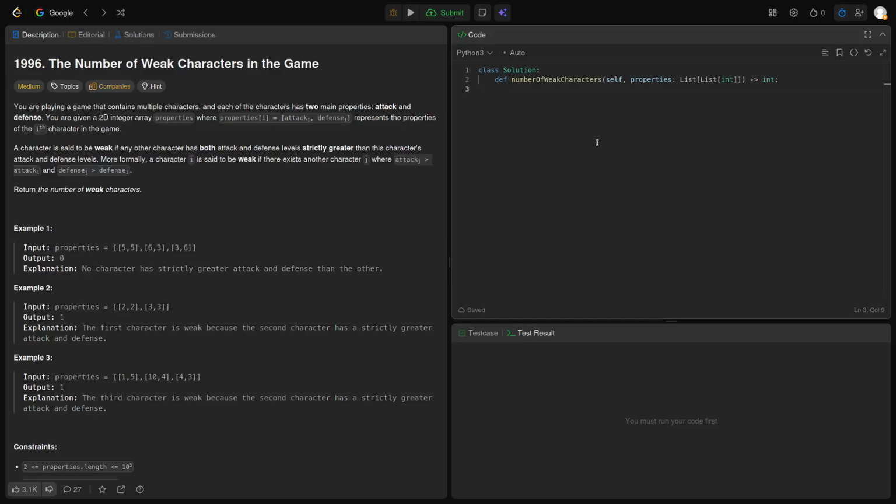But in reality, I want properties.sort with key lambda x, and we return the pair of minus x0, because we want decreasing, and x1, since we flip it, right? And then we go ans is zero, and for prop in properties, max def seen is this.